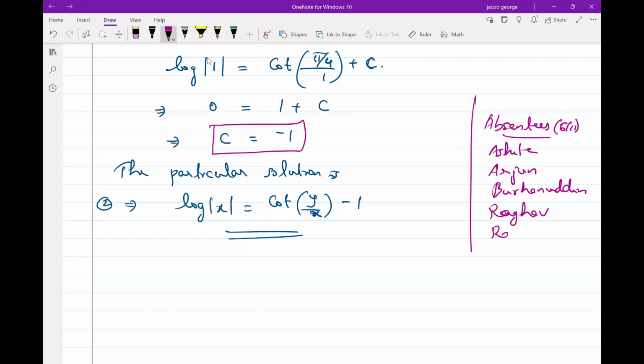Dash Krishna absent. Then Aradhi Jindal, present, sir. Rima, present, sir. Saad, present, sir. Afia, Tariq, and Yusuf.